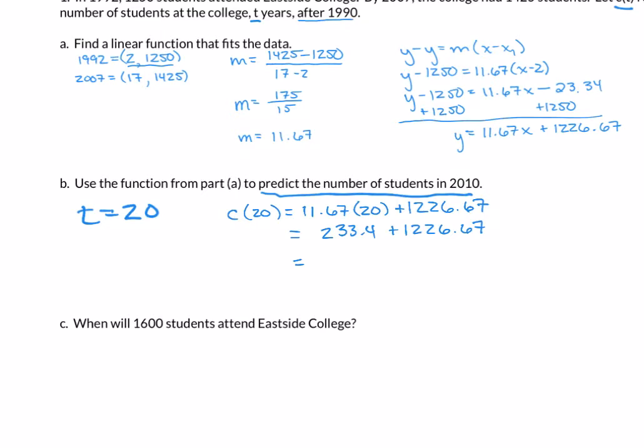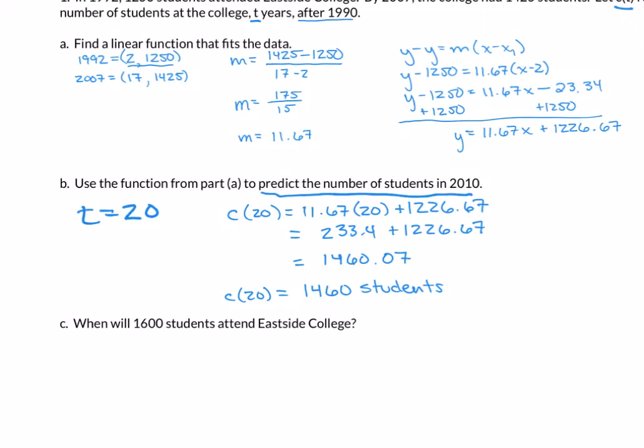If we go ahead and add, I get 1,460.07. So can you have 0.07 students? And the answer is no. So let's go ahead and round this to the nearest whole number. We get 1,460 students. All right, that takes care of part B.